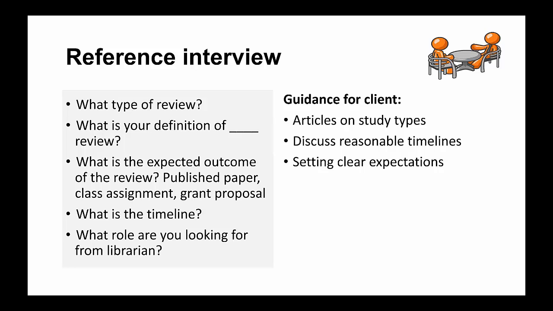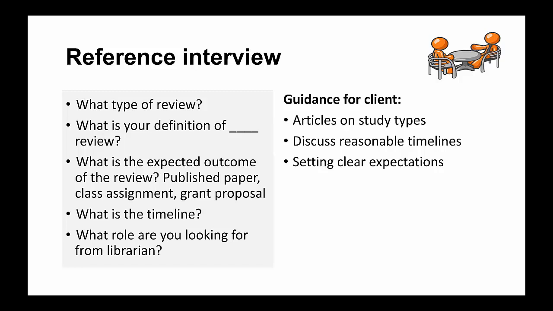And one of my first questions to them is, well, what's your definition of a systematic review? Sometimes they feel very unsure when I ask them that, and that gives me the opportunity to kind of talk with them about the definitions, and we're going to go over those in just a second. But you really want to make sure that you're both defining it in the same way.